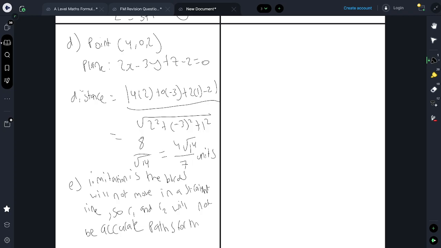So they won't move in the line described by R1 and R2. Not reliable, as the birds will not fly in a straight line. There we go. So that's the sort of thing you need to write.